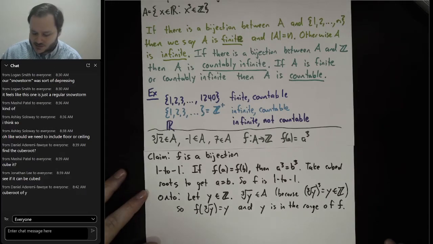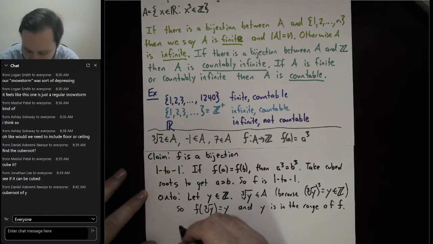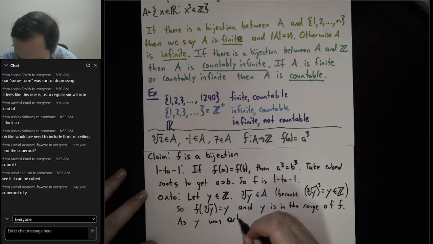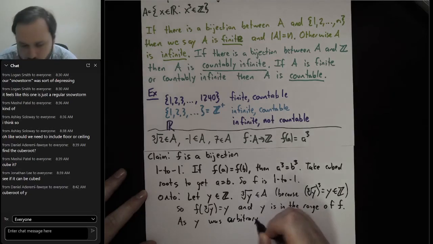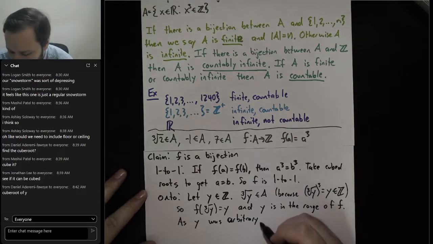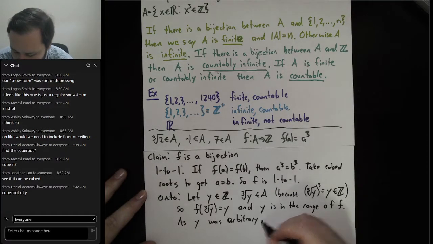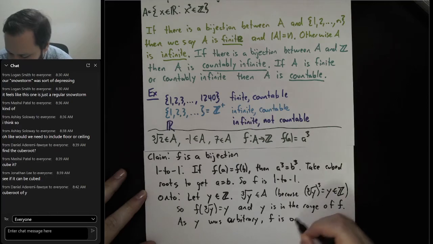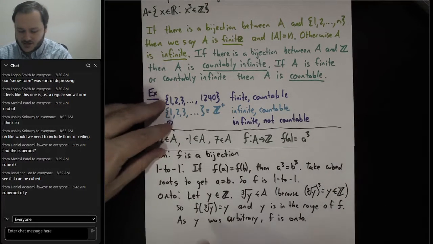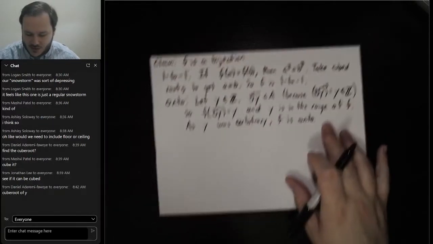And then because y was arbitrary, I don't have to say by the law of universal generalization anymore. I can just say, as y was arbitrary, f is onto. And since f is one-to-one and onto, then f is a bijection.